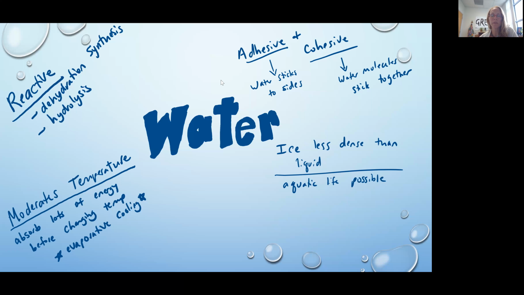Another important property of water that makes life on this planet as we know it possible is that ice is less dense than liquid. Remember, water is polar, you have slight charges, and opposite charges attract, while like charges repel.